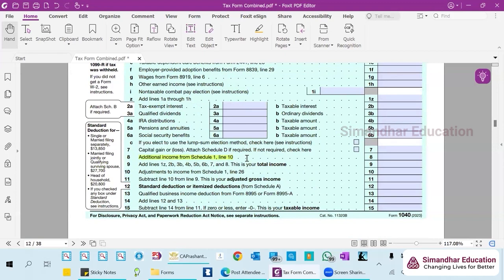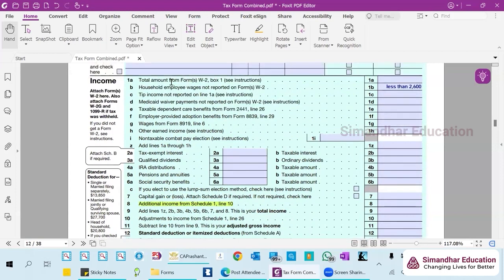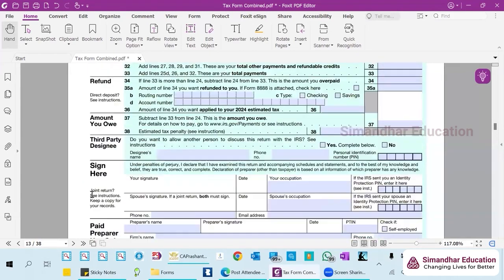I put all my incomes written on the form from 1a through 7, but for 8, I'll include just one single number coming from schedule 1. Those items are not on my 1040, such as jury duty pay. There are many things which are not on page 1.